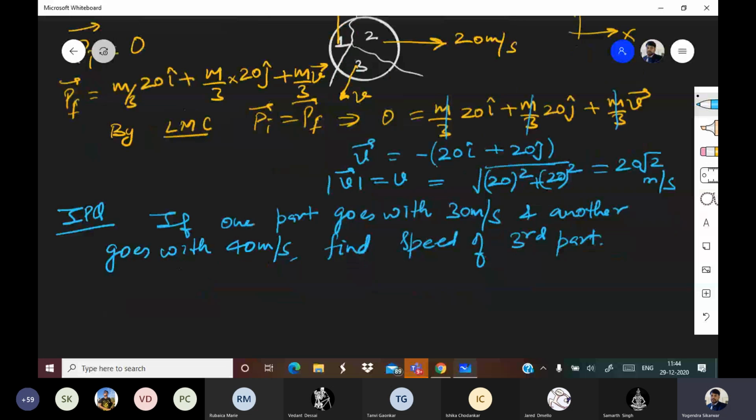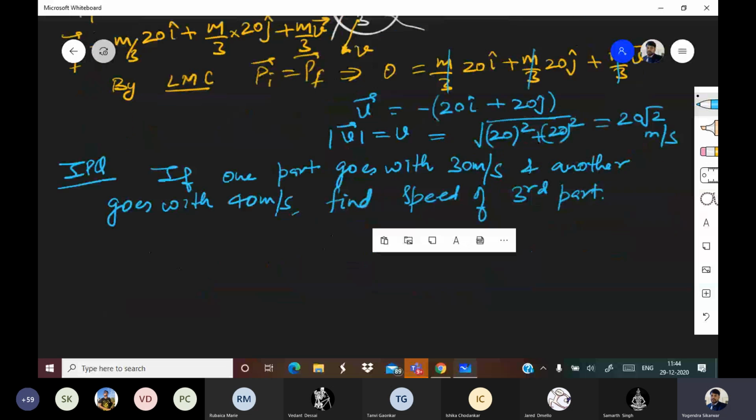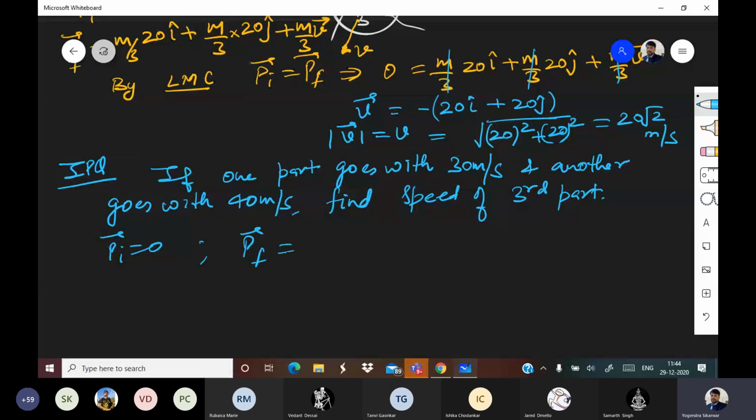Okay, everyone, please pay attention. So in this question, most of you have done it correctly. P initial was 0. P final is equal to m by 3 into 30 i cap plus m by 3 into 40 j cap plus m by 3 into v vector.